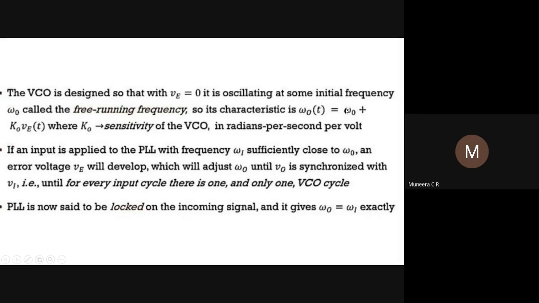This will add up with the free running frequency. If the input is applied with a frequency omega I sufficiently close to omega 0, the error voltage VE will develop, which will adjust omega 0 until V0 is synchronized with VI, so that for every input cycle there is one and only one VCO cycle. So the PLL is now locked with the incoming signal, and omega 0 is equal to omega I exactly.